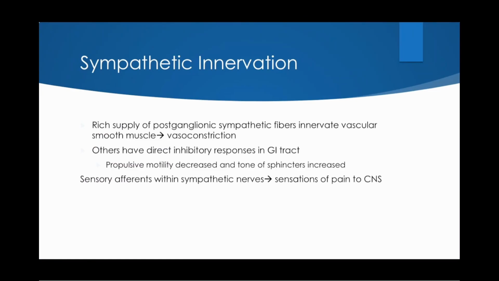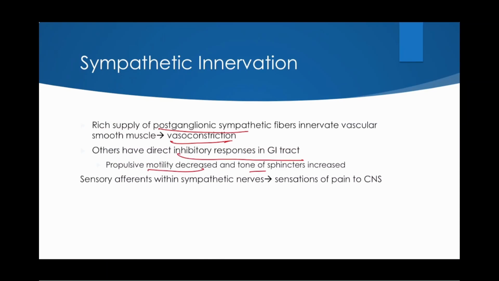Sympathetic innervation, post-ganglionic fibers. We know from before, from doing the neurophysiology, sympathetic fibers have a short pre-ganglionic fiber, they go to the sympathetic side chain ganglia, and then they go out from there wherever they have to go. So it causes vasoconstriction. We don't want blood going through the GI system during fight or flight responses. Others will have a direct inhibitory response in the GI tract.